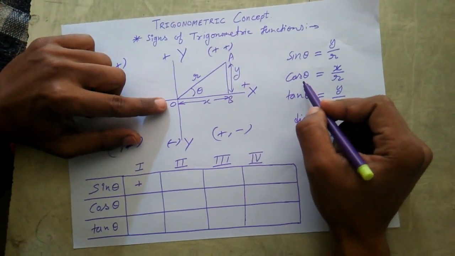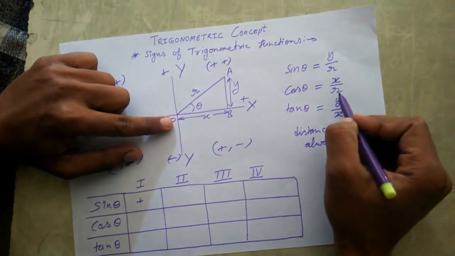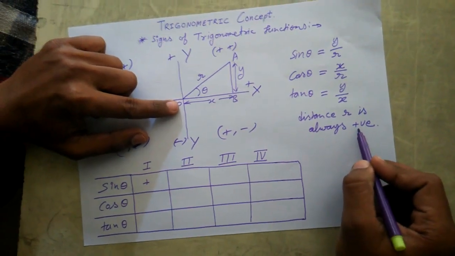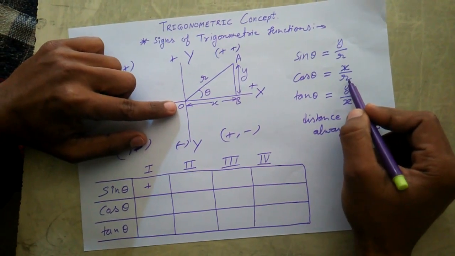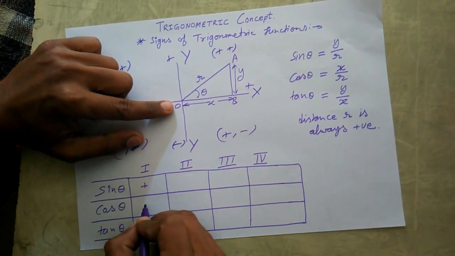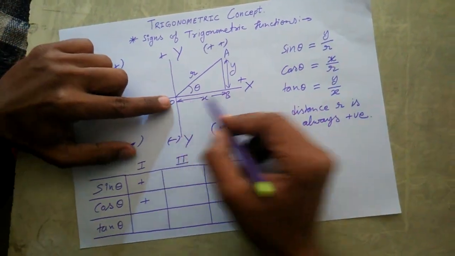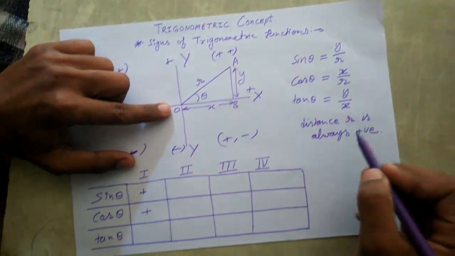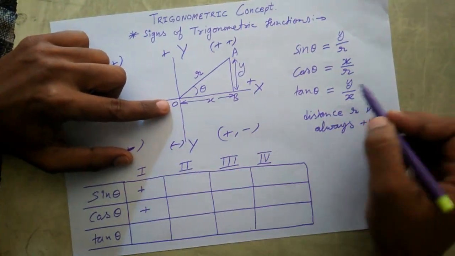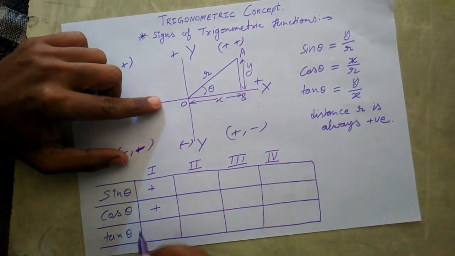Cos theta: X in positive direction, and R will remain positive. So positive divided by positive, what will come out? Positive. Now tangent theta. Tangent theta, Y in positive direction and X in positive direction. So positive divided by positive, what will come out? Positive.